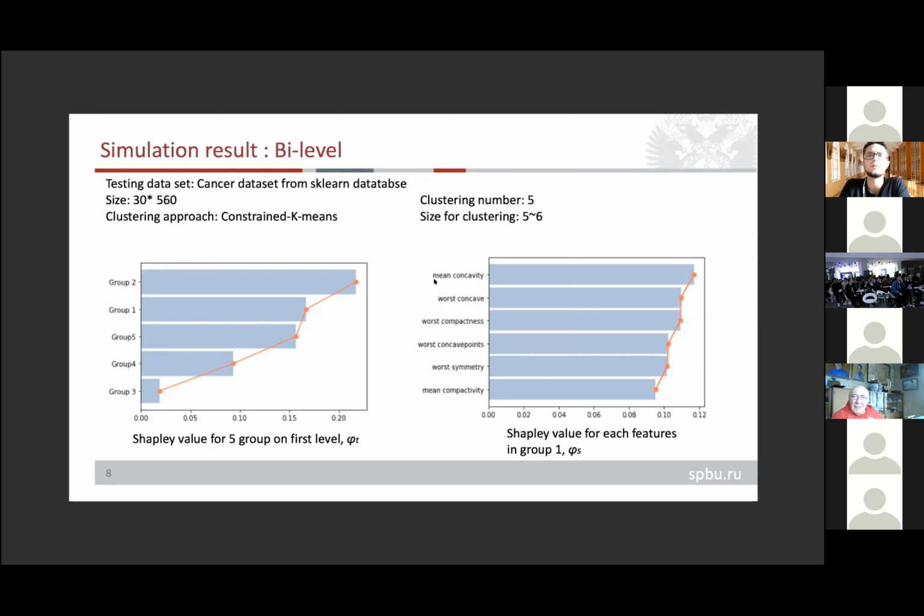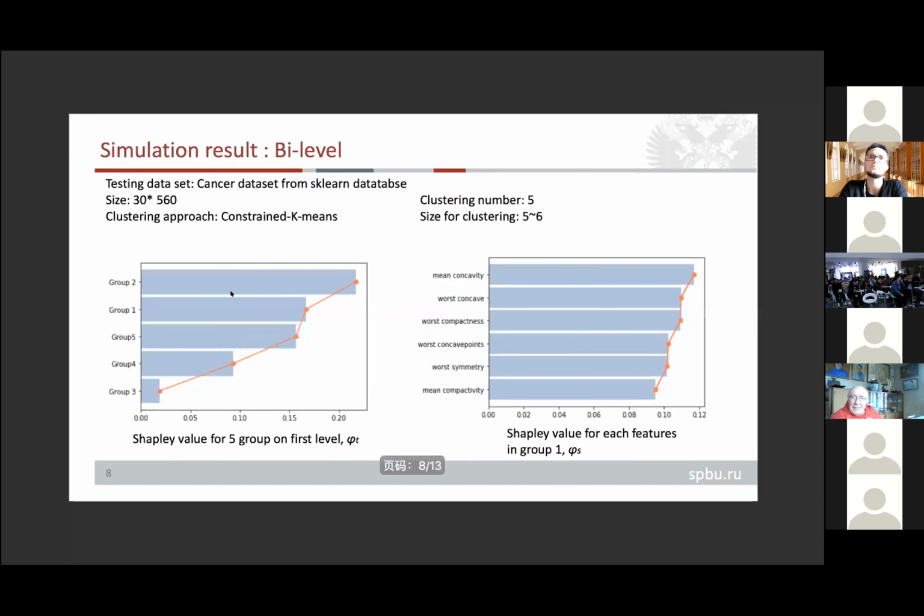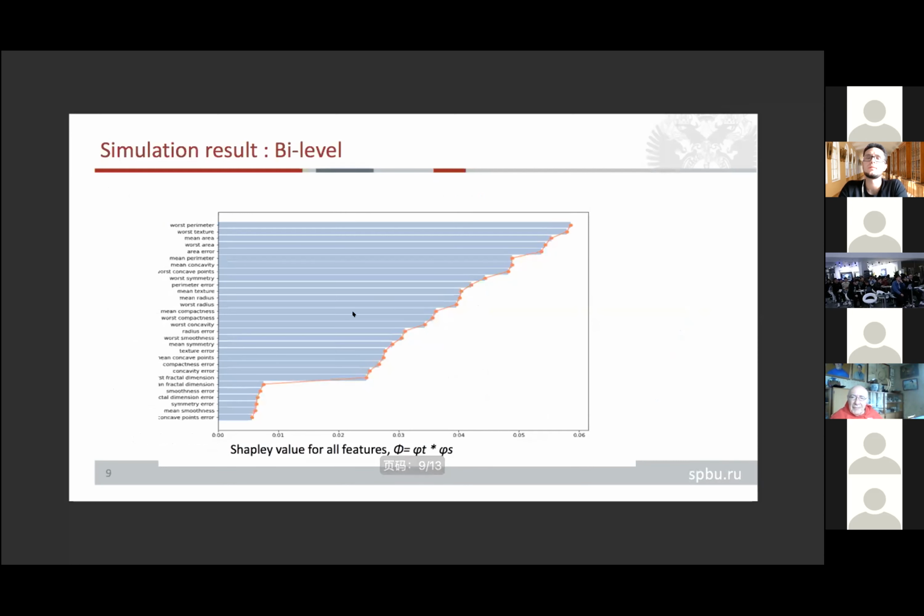You can see all the features located inside group 1, which has different features, and we automatically clustered them by distance using constrained k-means. After that, we do certain steps: we multiply the two results, group 1 with each feature, and then we can observe all the features' contributions to the results.